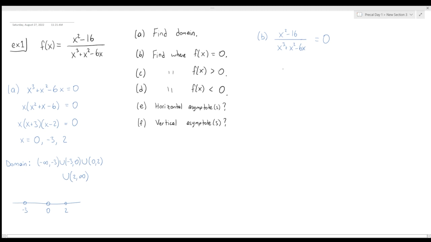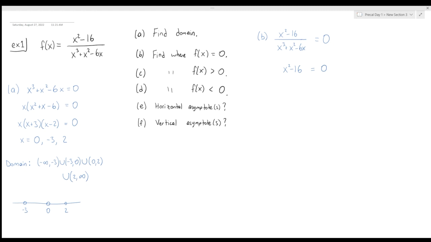And if you multiply both sides by the denominator, you will cancel it out on the left. So we will just get x squared minus 16. Whereas on the right, since we were multiplying with 0, it would still be 0, okay?